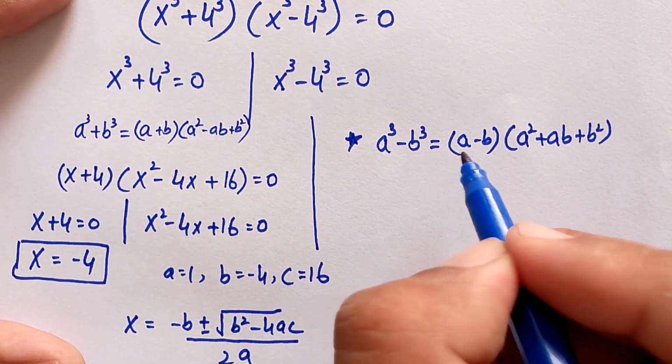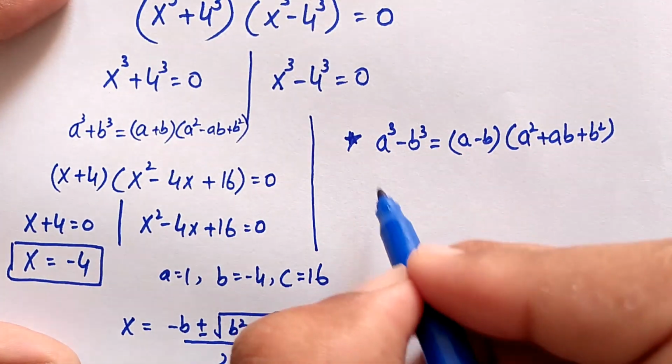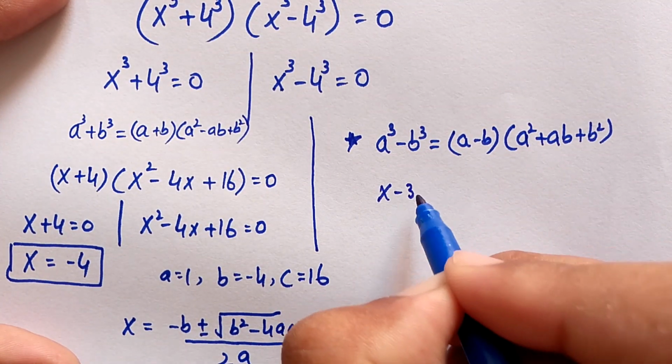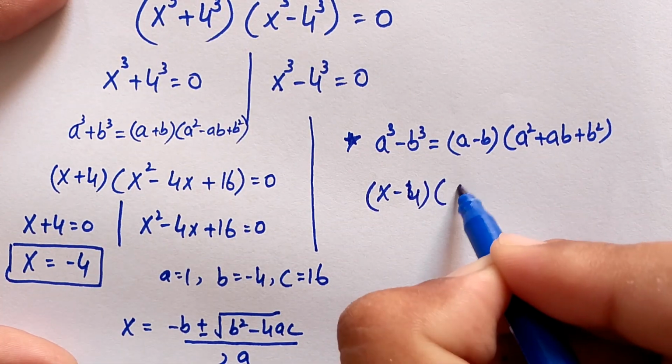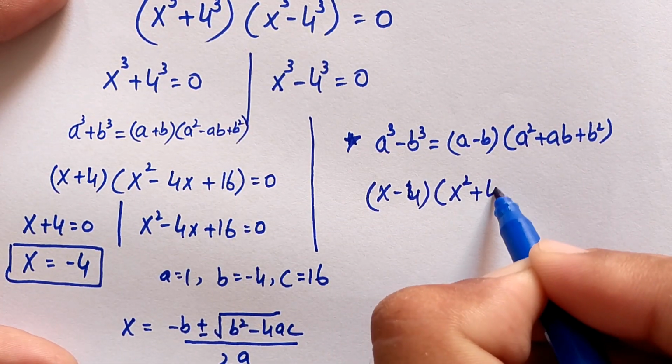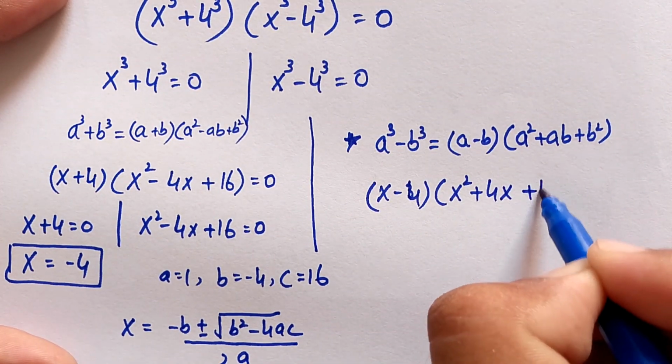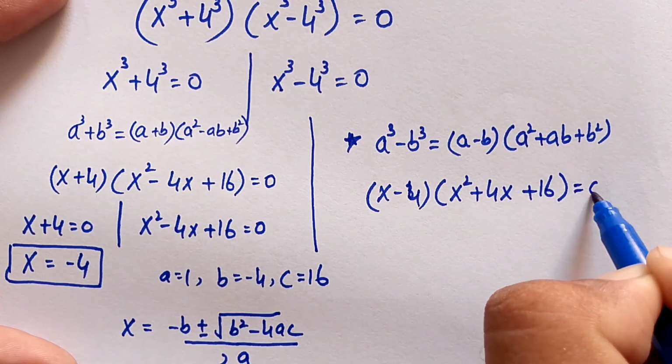Applying this identity, this will become x minus 4 times x square plus 4x plus 16, which is equal to 0.